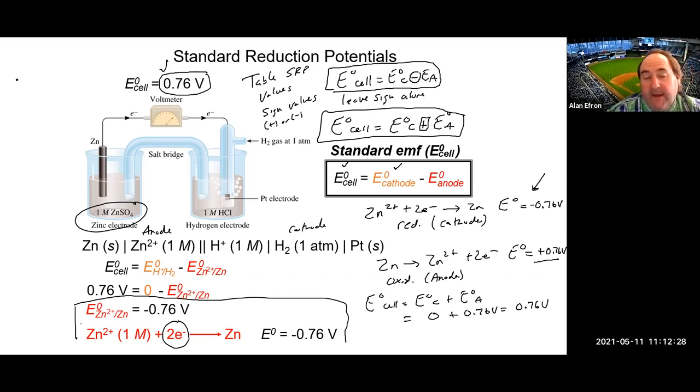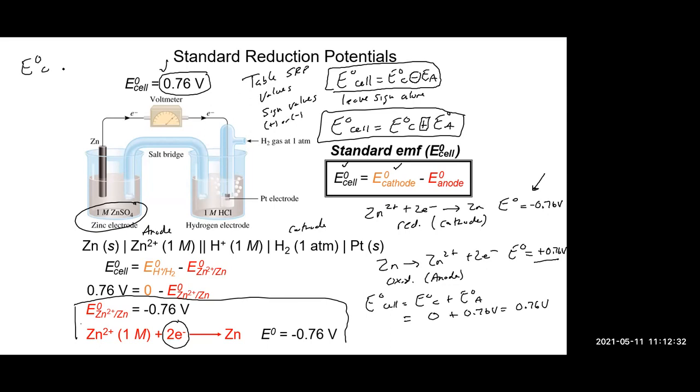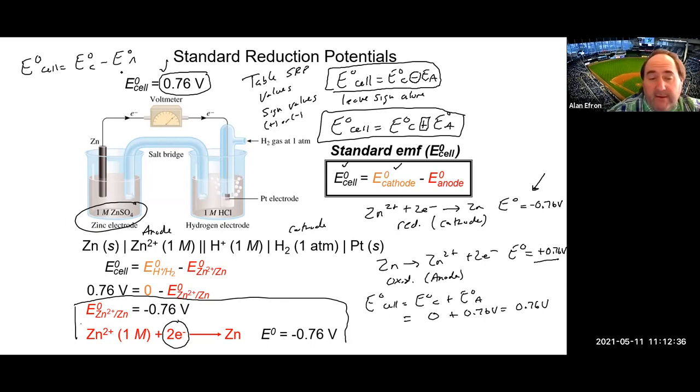And if I did not want to change anything, which is perfectly fine to do as well, you could take E of the cathode minus E of the anode. Let's do the same calculation. The cathode is still hydrogen, which is 0, minus, I'm not going to change the value of my anode from the table. I'm going to leave it as minus 0.76 volts. The minus here and the minus here turn that into a positive 0.76 volts, which again is what they got there.